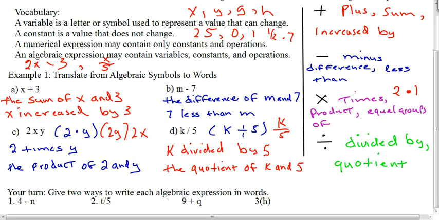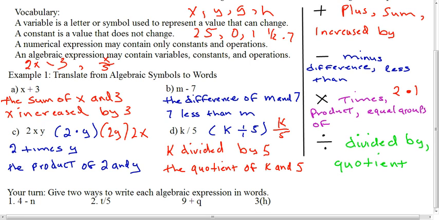But anyway, you're still looking at the quotient of k, the first number, or the first actual term, and 5. So make sure you understand, when you read this, the first term will be your numerator, second term your denominator.